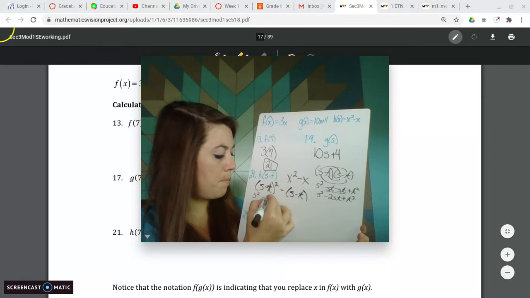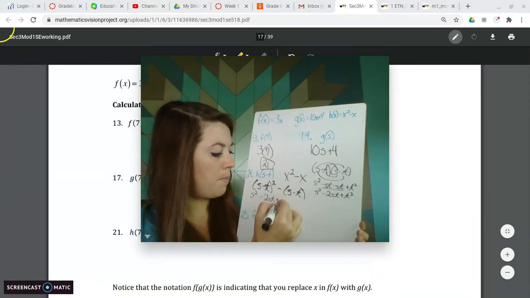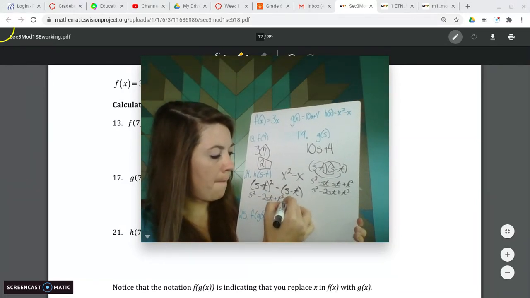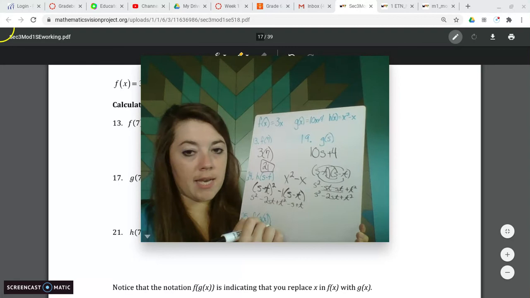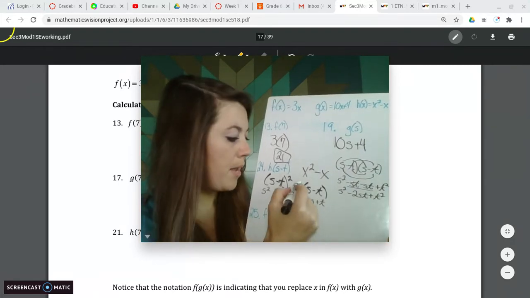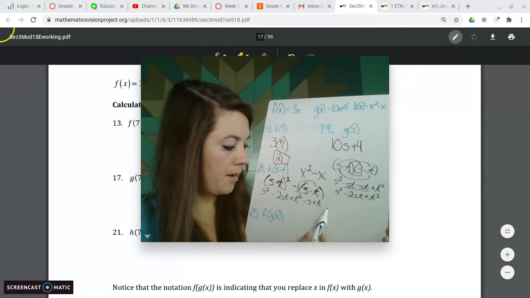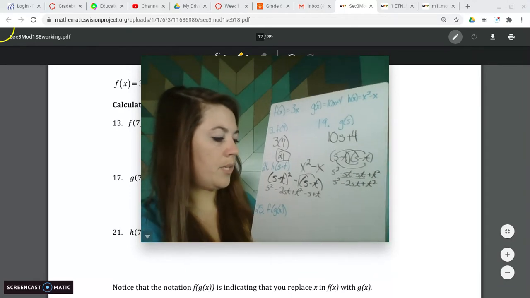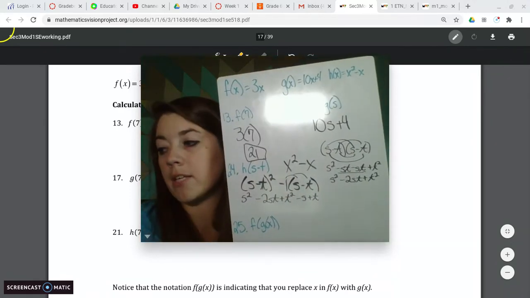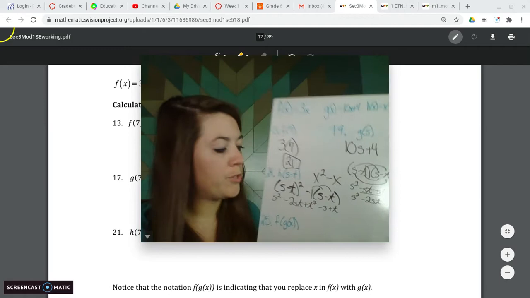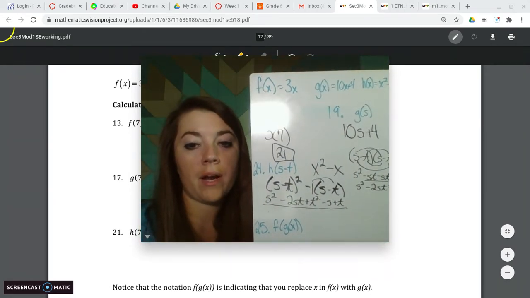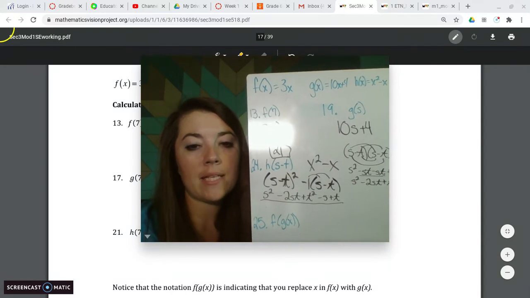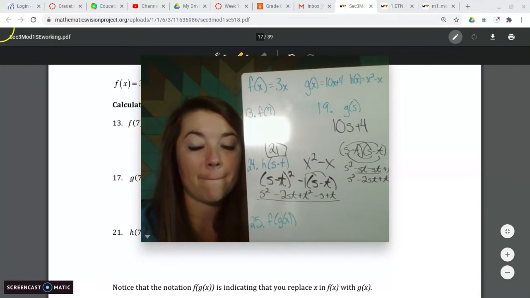Then minus s plus t, because remember, think of it as a negative 1 out there that we then have to distribute to both things in here. Now, is there anything we can do to combine like terms? Nope. So this right here is your answer: s squared minus 2st plus t squared minus s plus t.